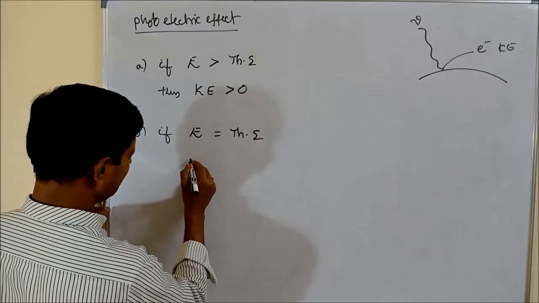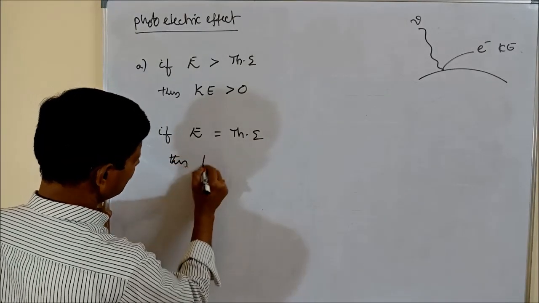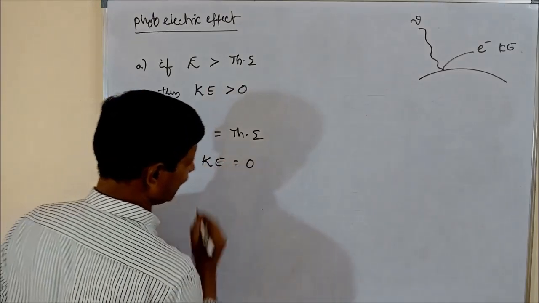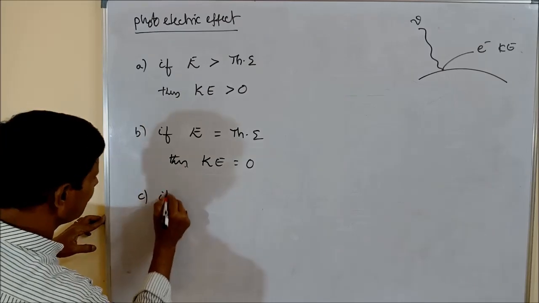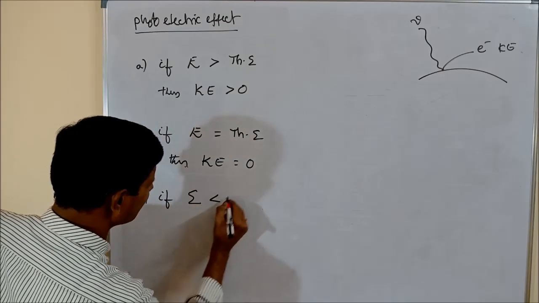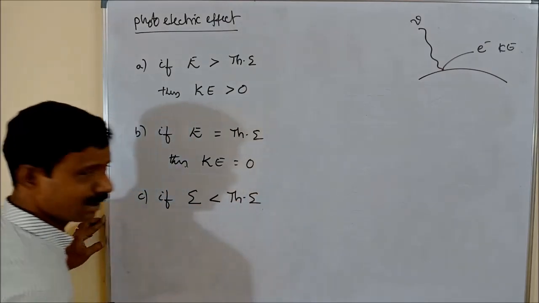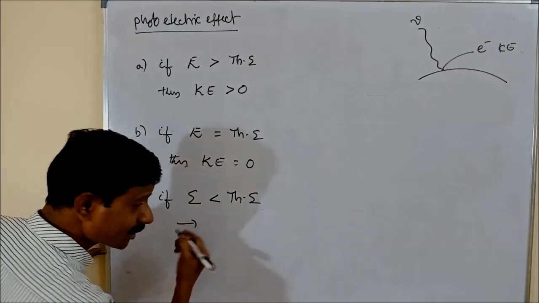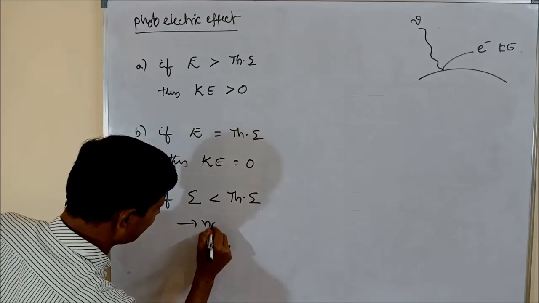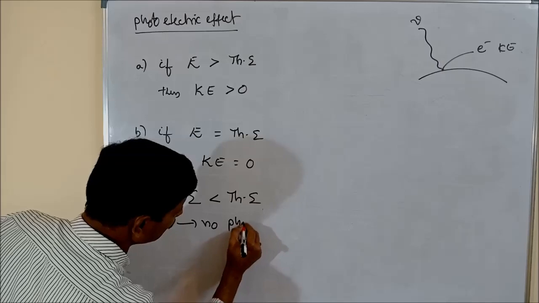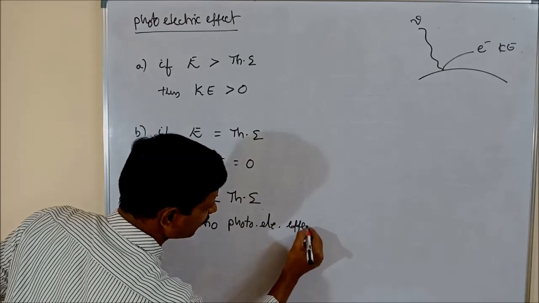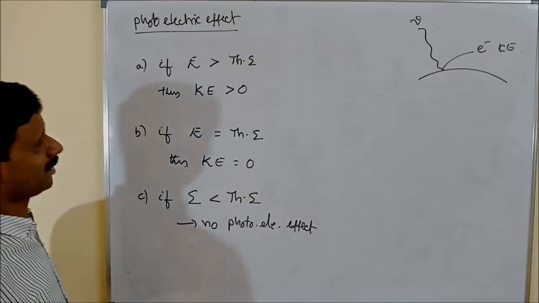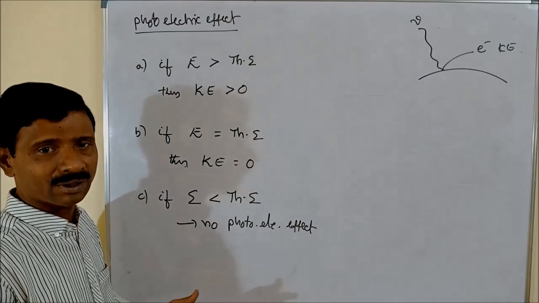So in this condition, the kinetic energy of the electron becomes 0. And third, suppose the incident energy is less than the threshold energy. Here there is no chance of photoelectric effect. There is no photoelectric effect. So these three relations you have to remember.